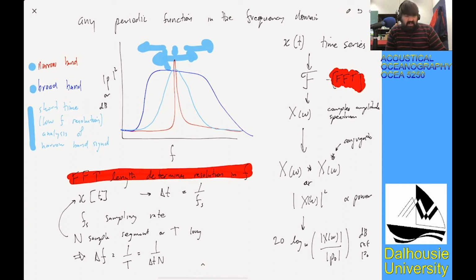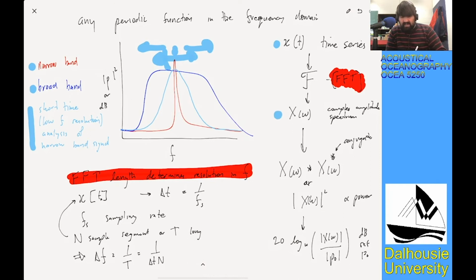So that brings up the ultimate practical question: what are the steps that we take when we're taking this time series into the frequency domain? If we're talking about just a continuous, very, very long time series, what we call infinite bandwidth processing, we have some function x of t, that's our pressure time series. We do the Fourier transform of that. We get a complex amplitude spectrum.